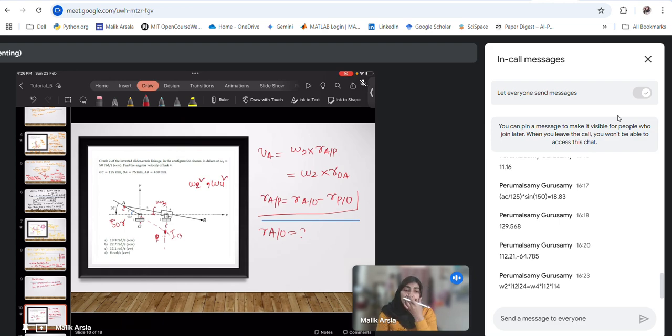Tell me what ROA is coming out to be. Omega 2. Okay, you have written the equation. Yeah, this is how we will relate it. You can relate it that way also. But see, in this case, omega 3 and omega 4 will be basically same.